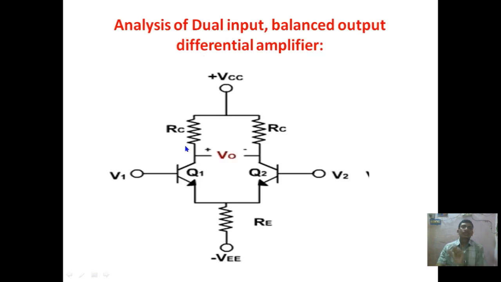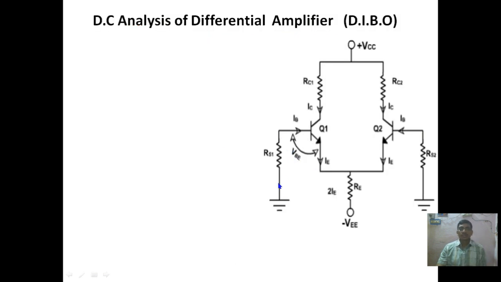If we want to do the DC analysis, we have to zero whatever AC signals are present in the circuit. Here we can observe V1 and V2 are the AC input signals for our differential amplifier. That's why V1 and V2 should be equal to 0 volts. 0 volts in the sense we are going to ground those two signals.